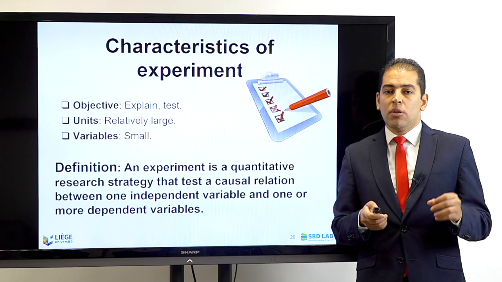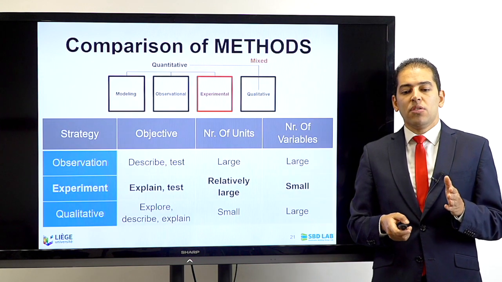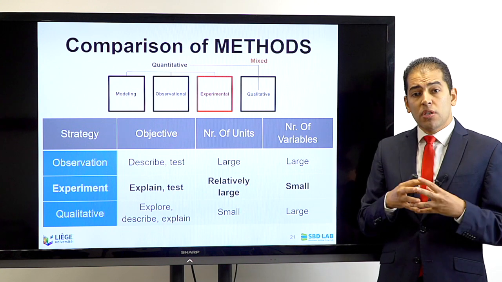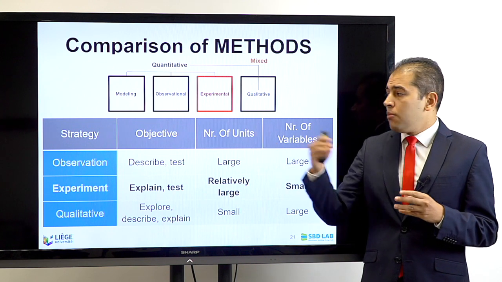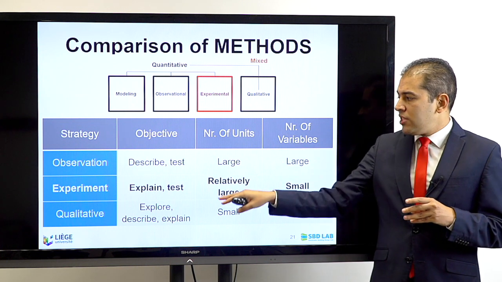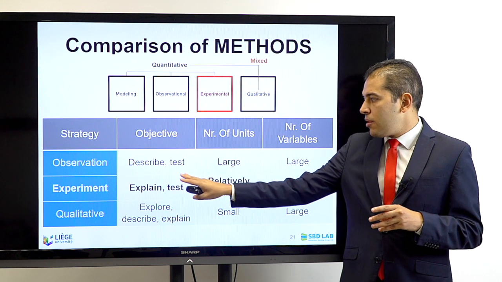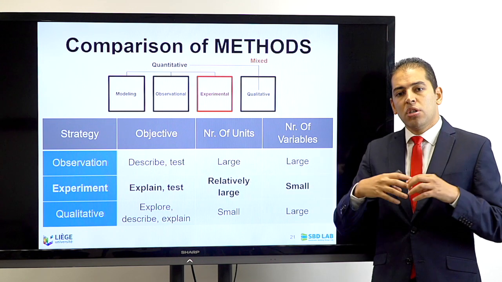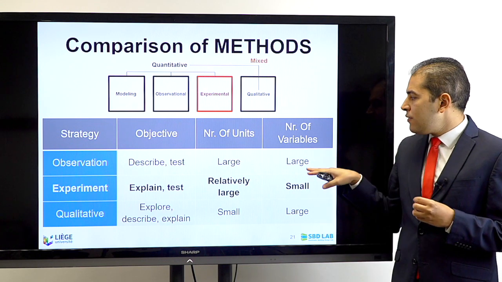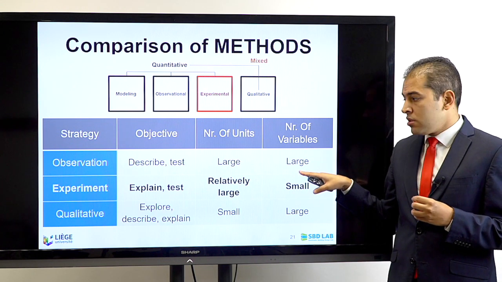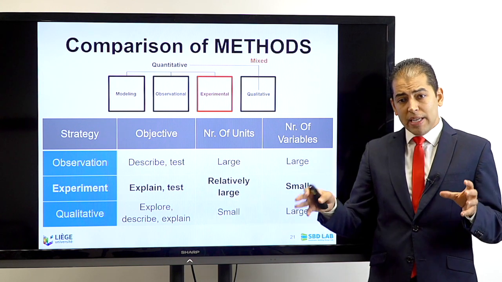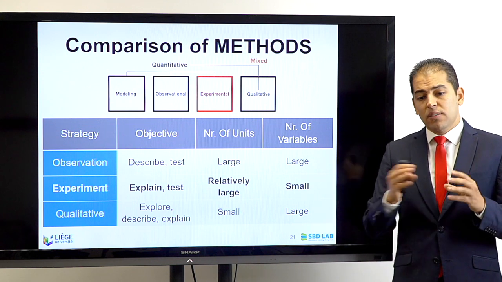And if somebody asks me what's the difference between experimental research and the other research methods, whether it's the modeling or the observational or the qualitative, as you can see here, in observational research the objective is to describe and to test. We use a large number of units, which is the subject or the sample, and we have a big number of variables. While when we talk about experimental research, we aim to explain and to test, and here comes the cause-effect relation.